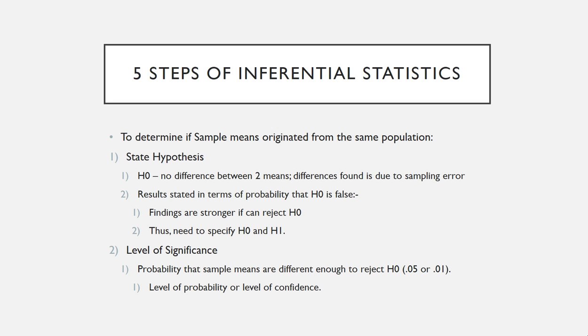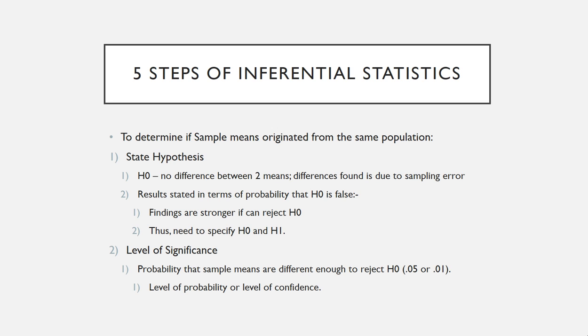You are only testing one population, for instance only one university, not another. H0 states no difference between two means. Let's say sample A and sample B are from the same population and there are no differences. Differences may be found because of sampling error, which means you have to go back to the drawing board and change your sampling method or your samples.